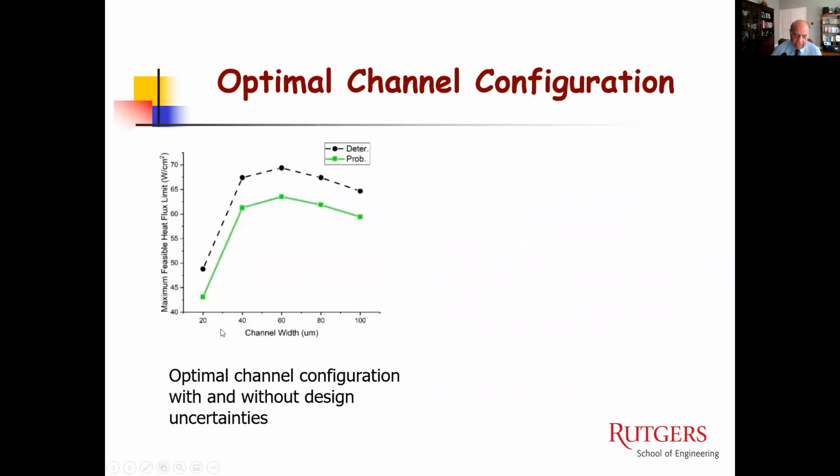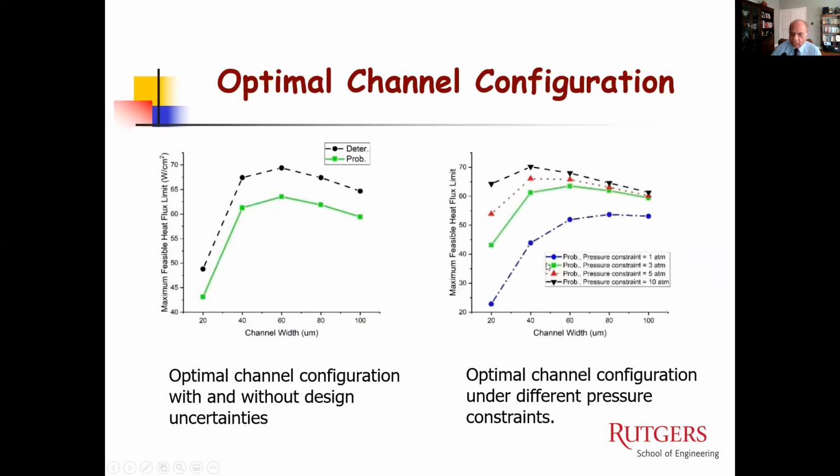As you can see here, you get an optimum channel configuration. This is deterministic, this is the probability. Look at this. The values immediately drop down. And similarly here, as you go to different constraints, the cases change. This is the deterministic circumstance with probability at 3 atmosphere. But if you change the probabilities, the constraints, the values change.